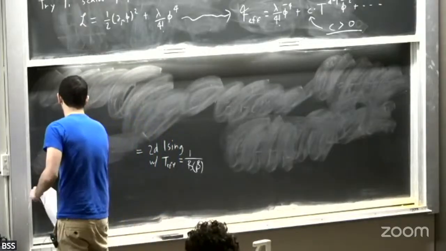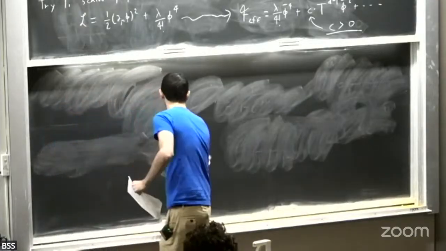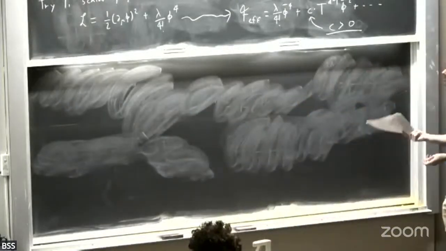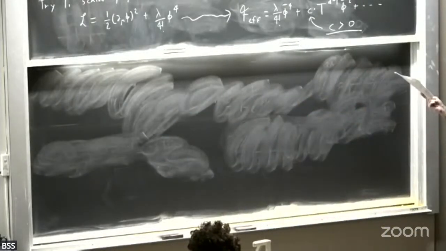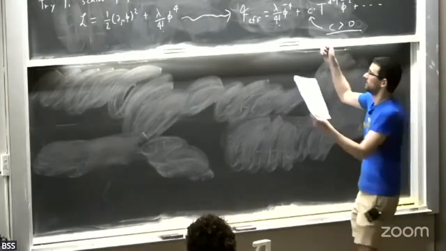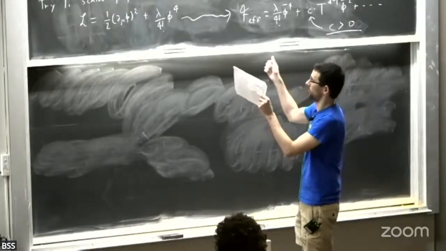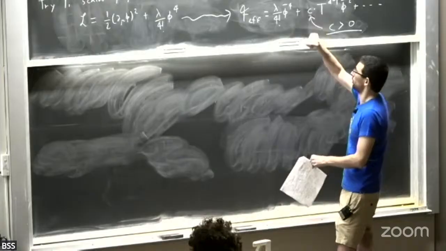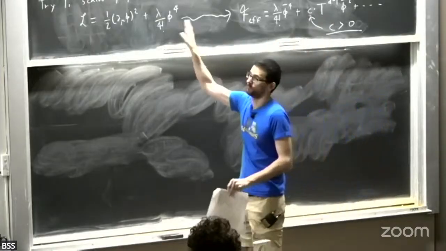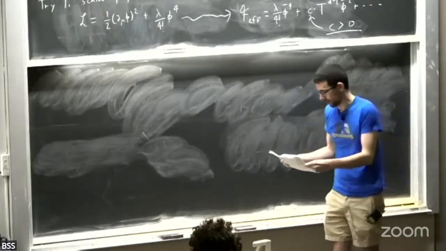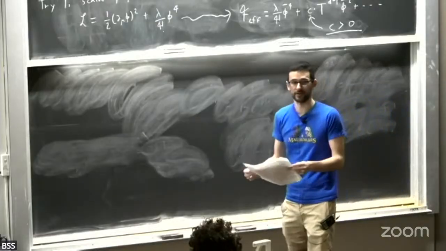Now, if you think about this example for a while, you may notice that if I add more scalar fields, I'm basically going to do the exact same path integral. All that's going to change, depending on maybe some quartic scalar 1, scalar 2 couplings, is this coefficient C multiplied by whatever the various quartic couplings in the theory are. And you could find a theory, perhaps, where some of these quartic couplings are negative.